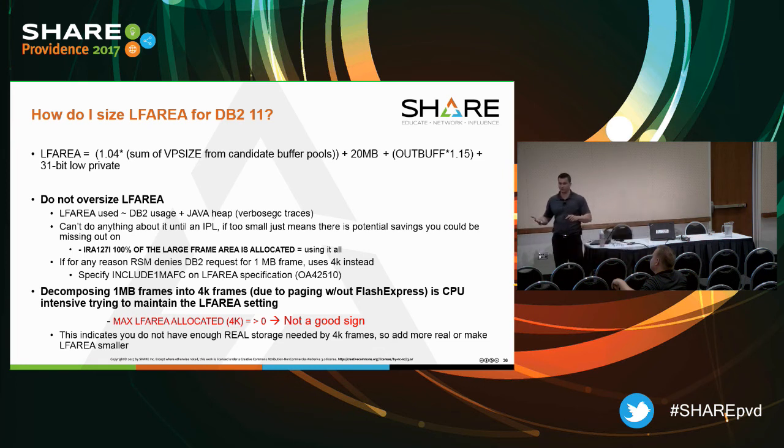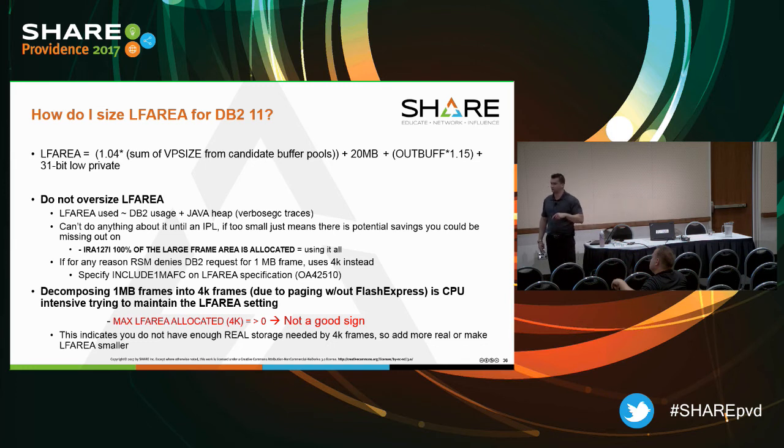Because we don't like to break down the storage, and z/OS will continue to try to coalesce those frames to go back up to the number you specified in IEASYS, right? So too big is definitely not good. If you've sized it conservatively, we'll give you an IRA message that says, hey, we used all of LFAREA. So that means the next time you IPL, you can go, oh, okay, well, I'll add some to increase it.